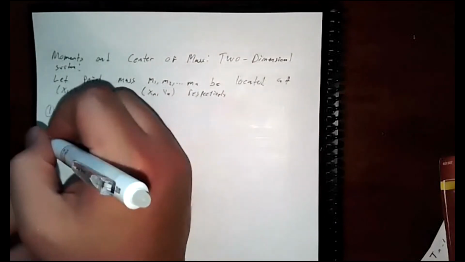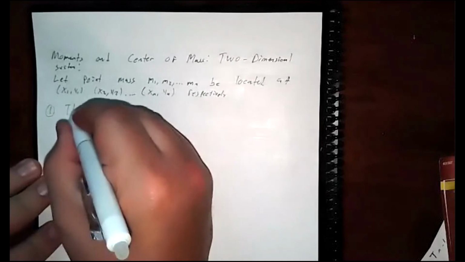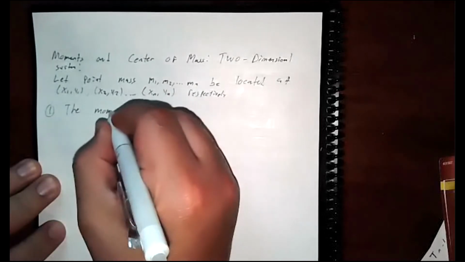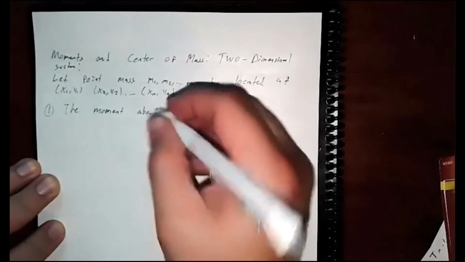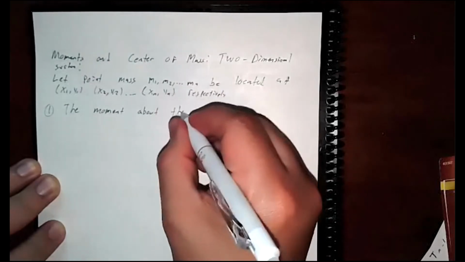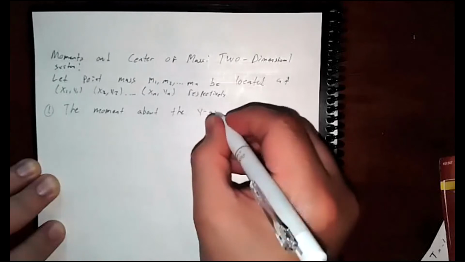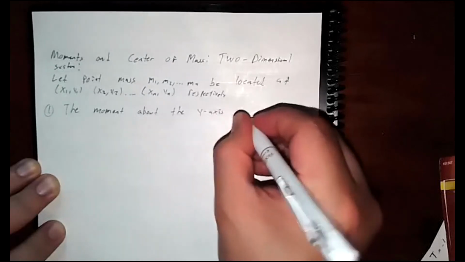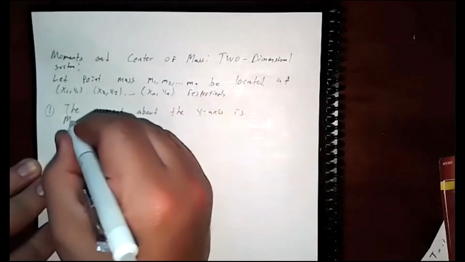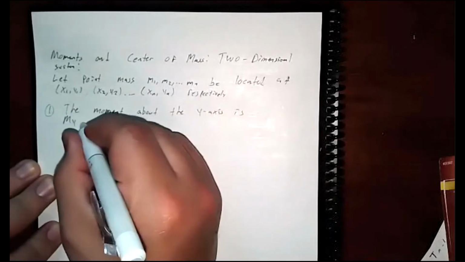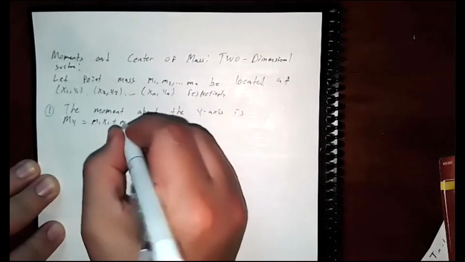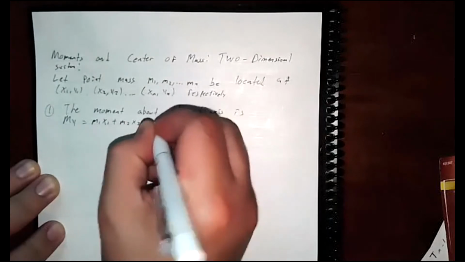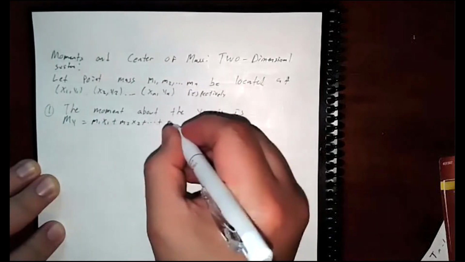Okay, so the first thing, the moment about the y-axis is capital My, equal to m1 x1 plus m2 x2 all the way till mn xn.